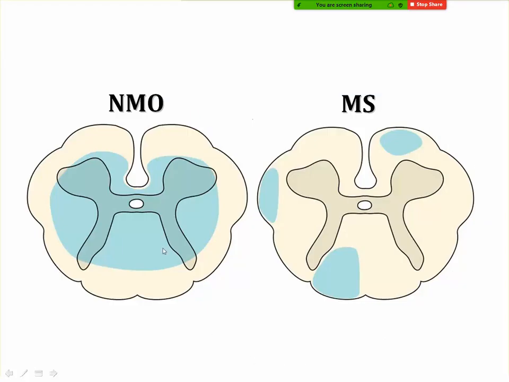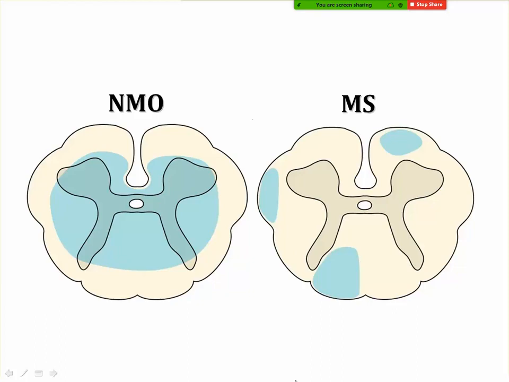The difference between the patches of neuromyelitis optica and MS is that the neuromyelitis optica patches are big, central and extensive, but the MS are small, peripheral, and widely distributed.